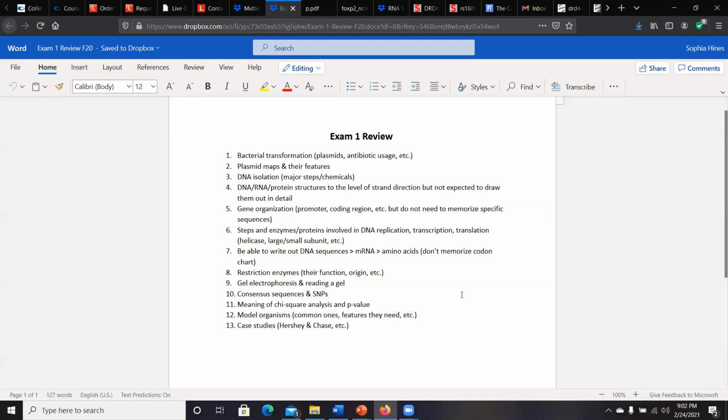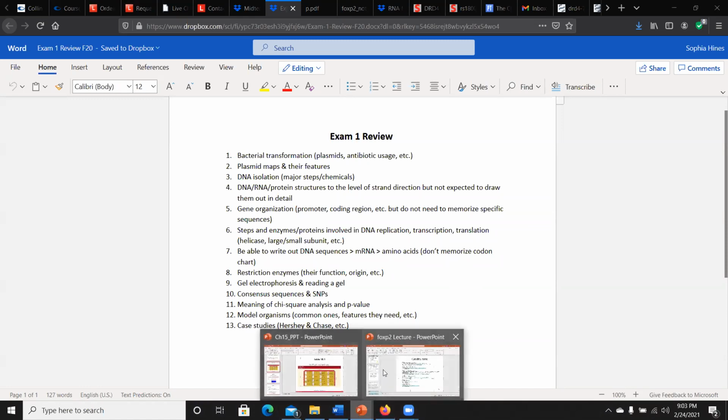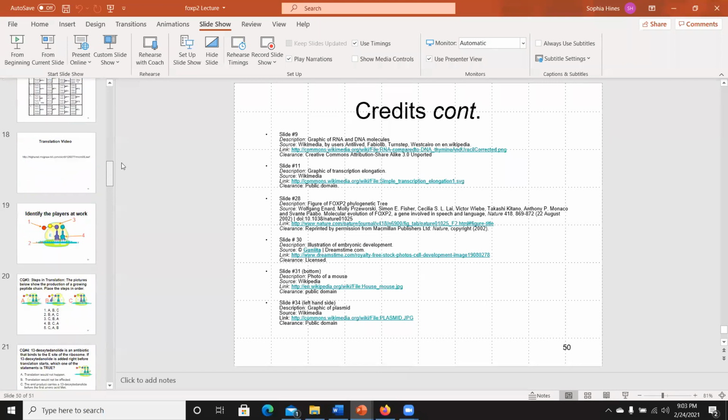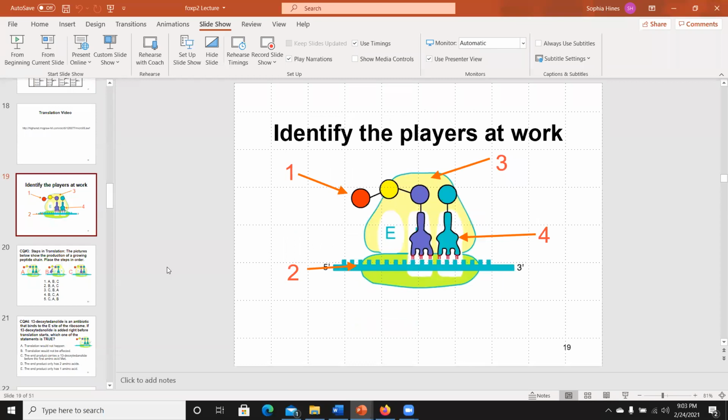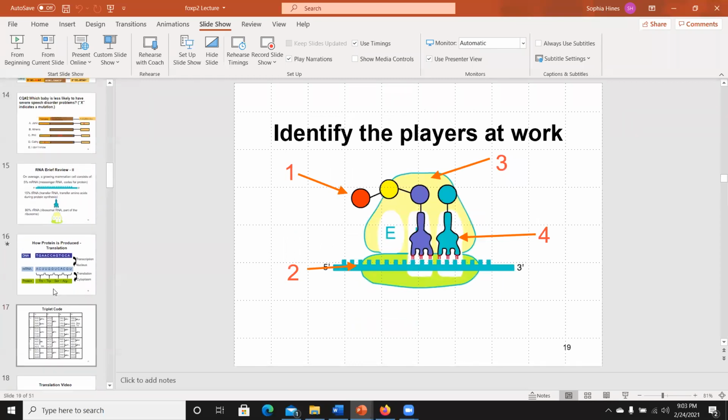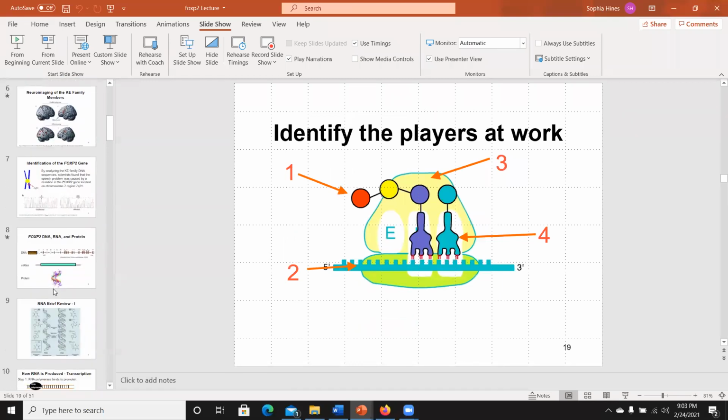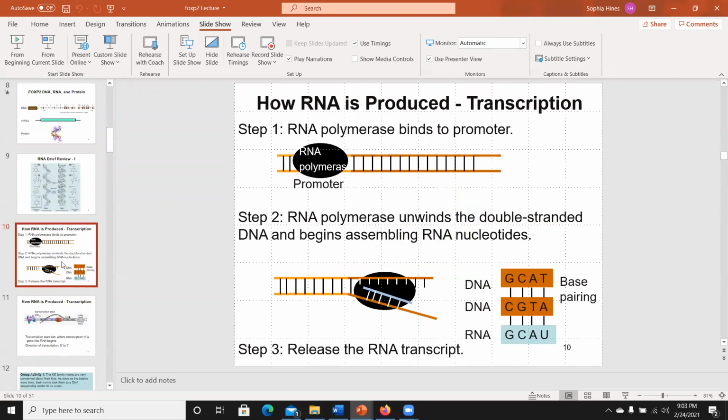Part 4, DNA, RNA, protein structures to the level of strand direction, but not expected to draw them out in detail. So if I gave you any kind of pictures and had you label them, they're going to be pictures on the level of like this. And if I'm like, okay, what is this thing here?